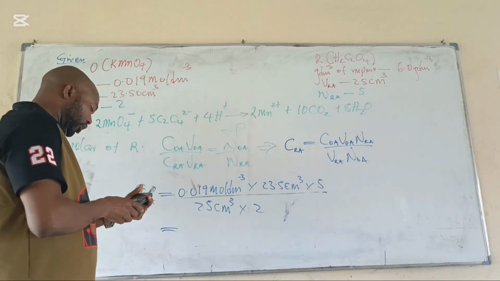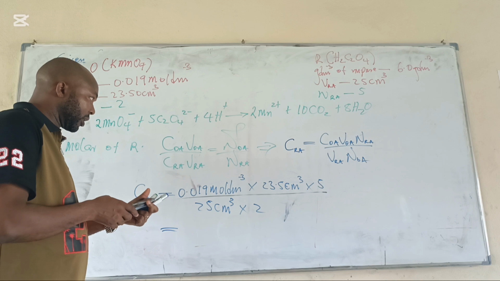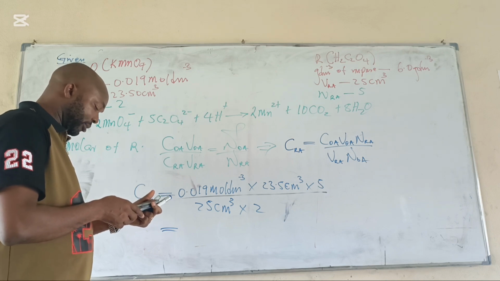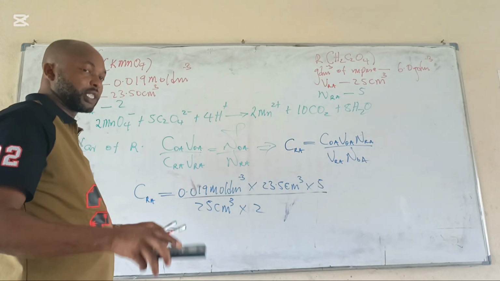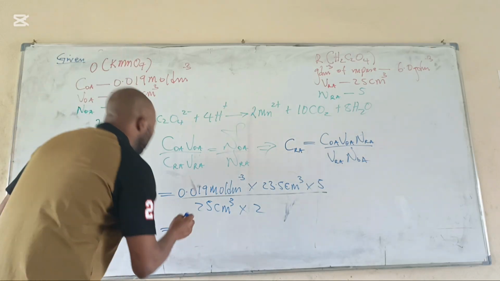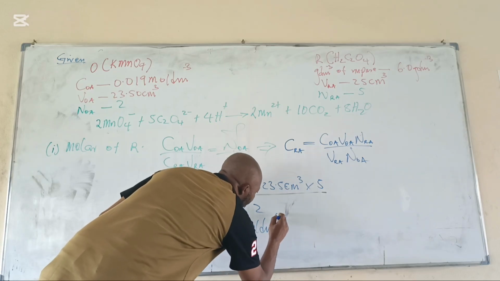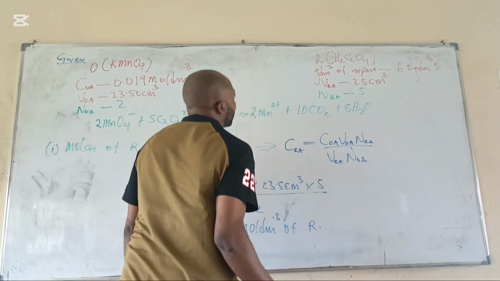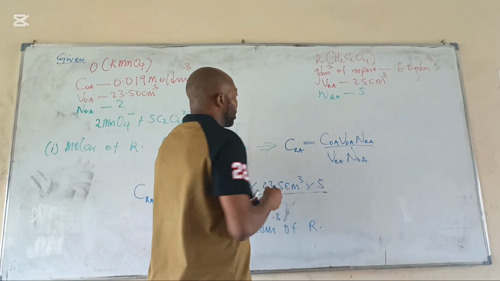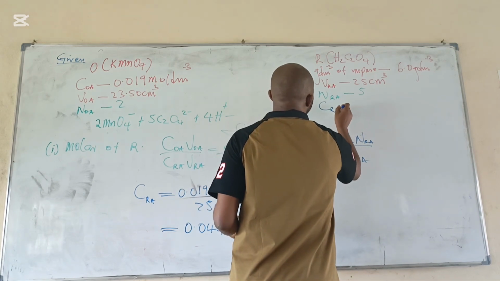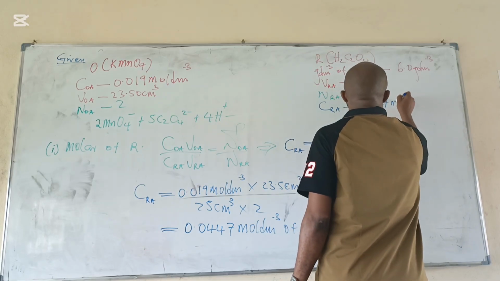Now I have 0.019 times 23.5 times 5 divided by 50, which is 0.0447 mole per dm³ of R. So CRA is 0.0447 mole per dm³.